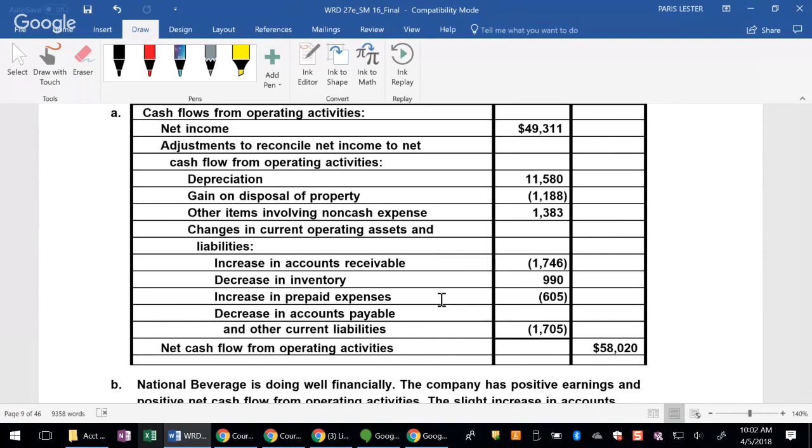There's no tricks here, but let's look at that 1383 on number 16. It just says income statement data, other items involving non-cash expenses, and that is an increase evidently of 1383.